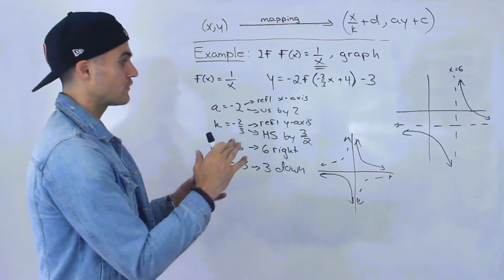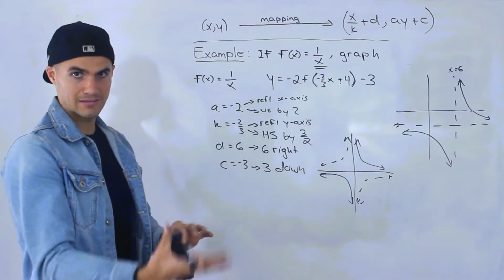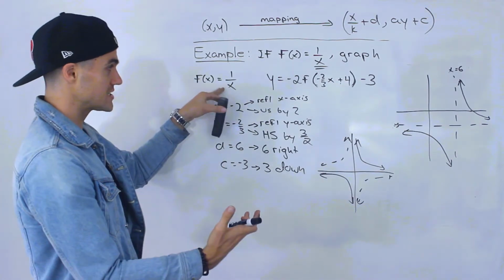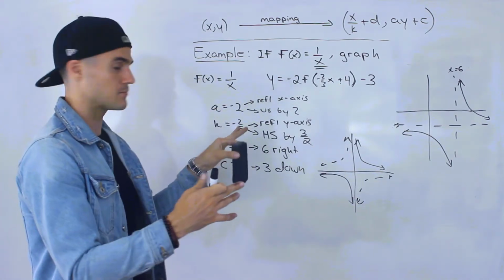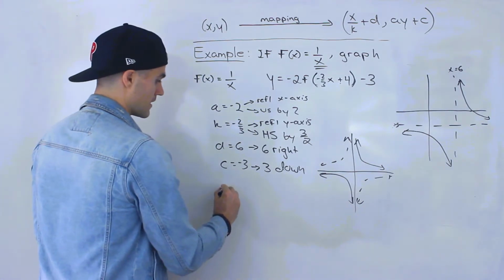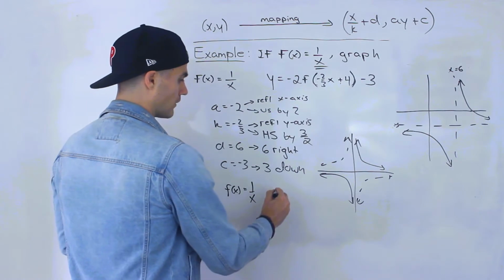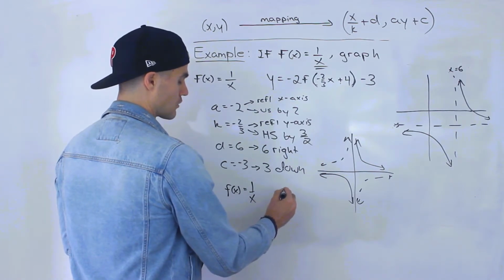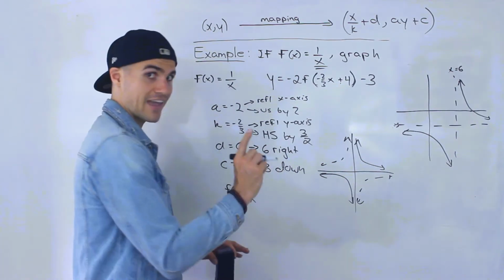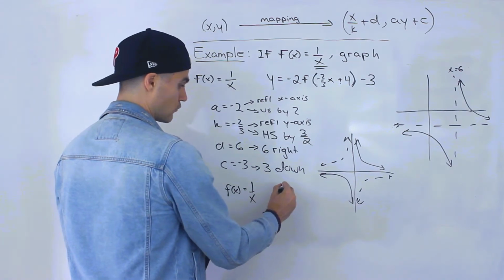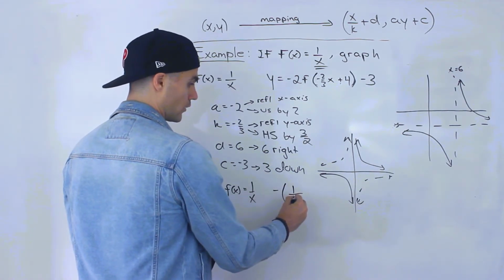So if there's both a reflection in the x-axis and the y-axis, for this parent function, they actually cancel out and become nothing. And the reason is because if we have 1 over x, well, if there's a reflection in the x-axis, that means the a value is negative, so we'll have like a -1 of 1 over x.